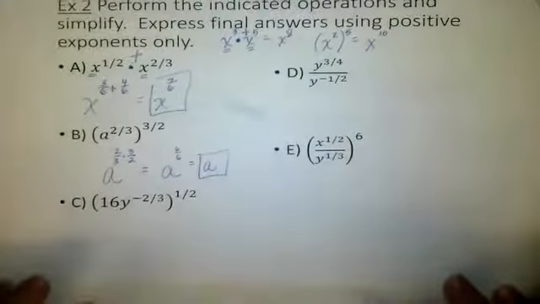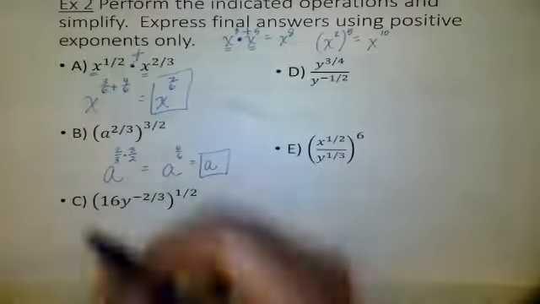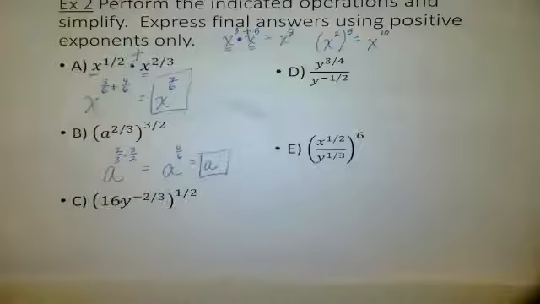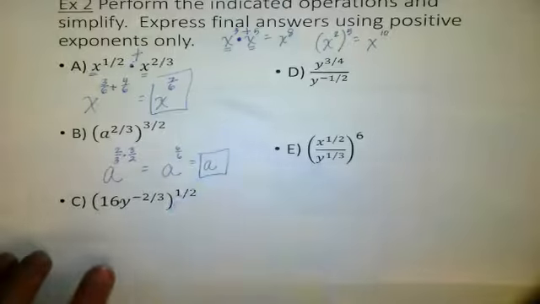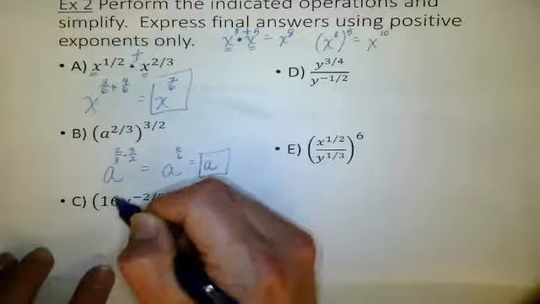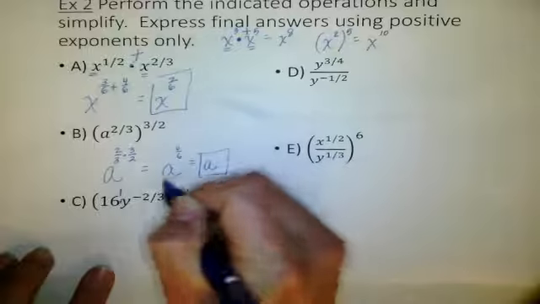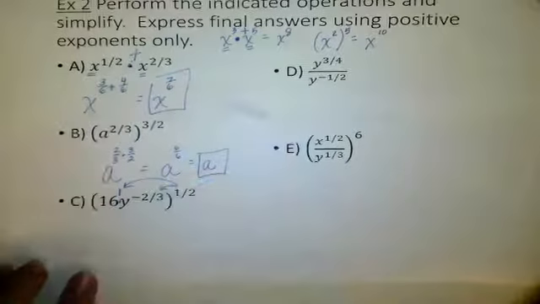All right, letter C. We have 16 times y to the negative 2/3 raised to the power of 1/2. What do we need to do? Multiply. Yep, it's power raised to power. 16 has its own power, doesn't it? Yeah, so it's important to remember that we need to multiply all the powers by the 1/2.